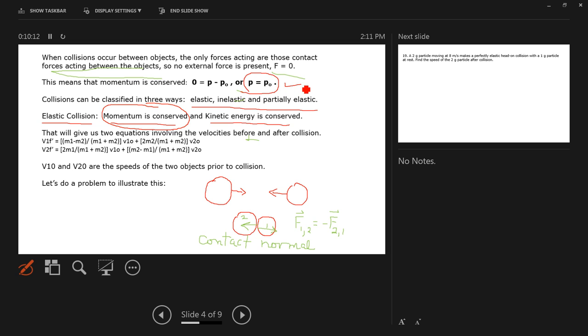So if we set up the conservation of momentum principle between the two objects colliding using the above formula, and also we set up a conservation of kinetic energy principle, we can derive 2 equations that relate the initial speeds, v10 and v20, to the outgoing speeds, v2 final and v1 final.